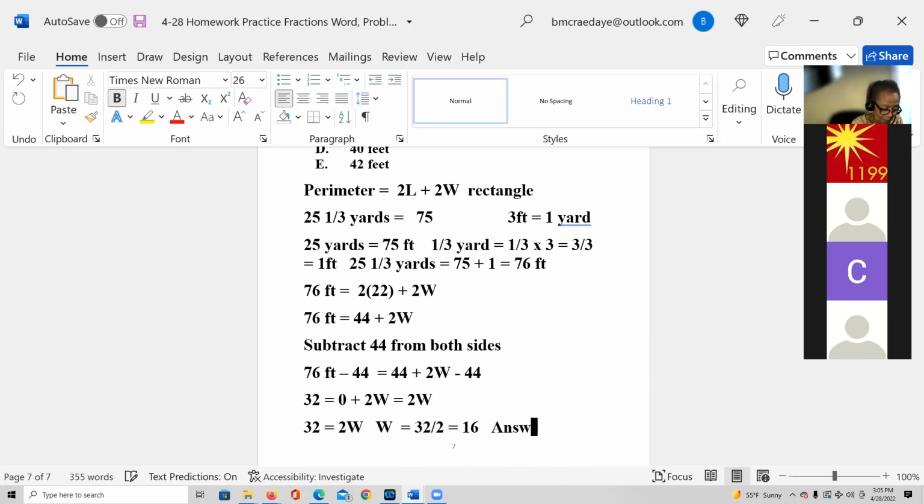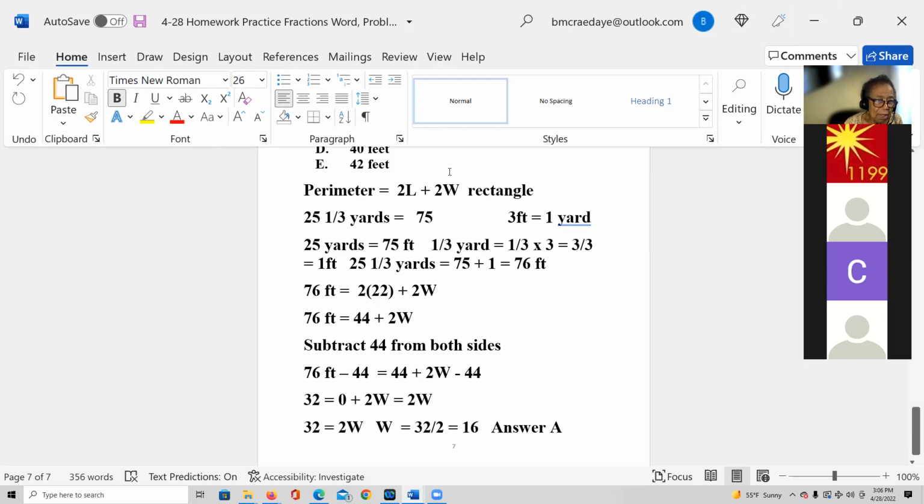Miss, I understand how you're working this out, but I'm not so clear on the 2L plus 2W. Okay, I see what you're doing, but the formula for perimeter of a rectangle is the sum of two lengths and two widths.